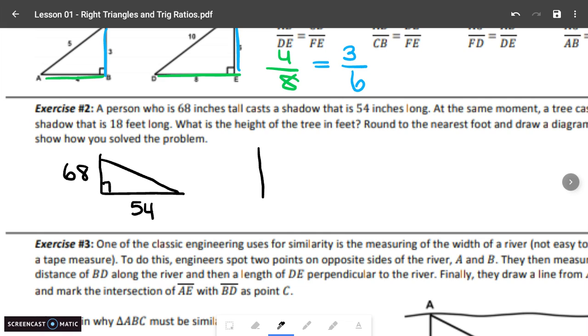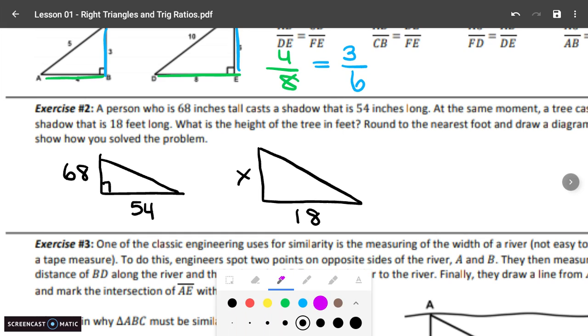But then we have another triangle with a tree and a shadow. We're looking for how big the tree is, but the shadow is 18. So we have to be careful and realize that there's something wrong about this right now. I don't know about you, but I don't know how often a tree shadow would be smaller than a person's.